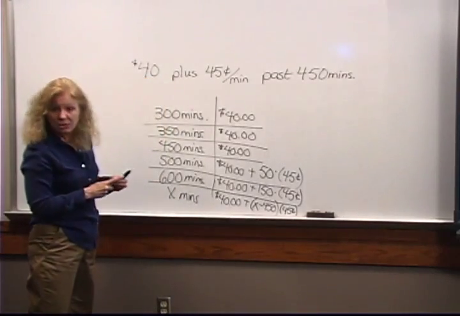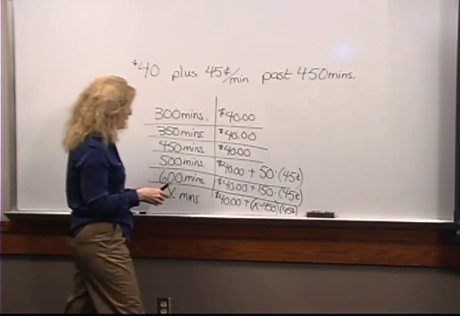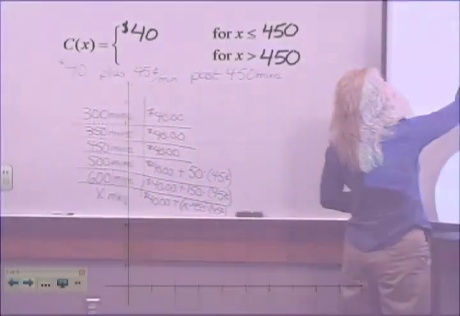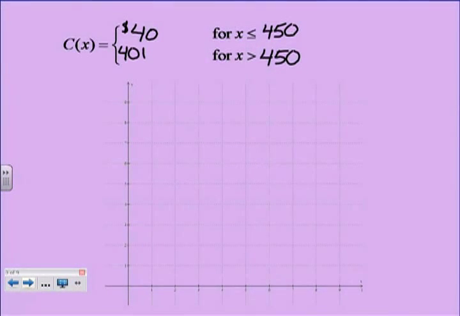Okay, so essentially there's the second part of my equation. So I'm going to say it's 40 plus x minus 450. Now, I'm almost running out of room, but we'll fit it in there. I don't want to put the cent sign in here, and since this is in dollars, I really need to make this 0.45.